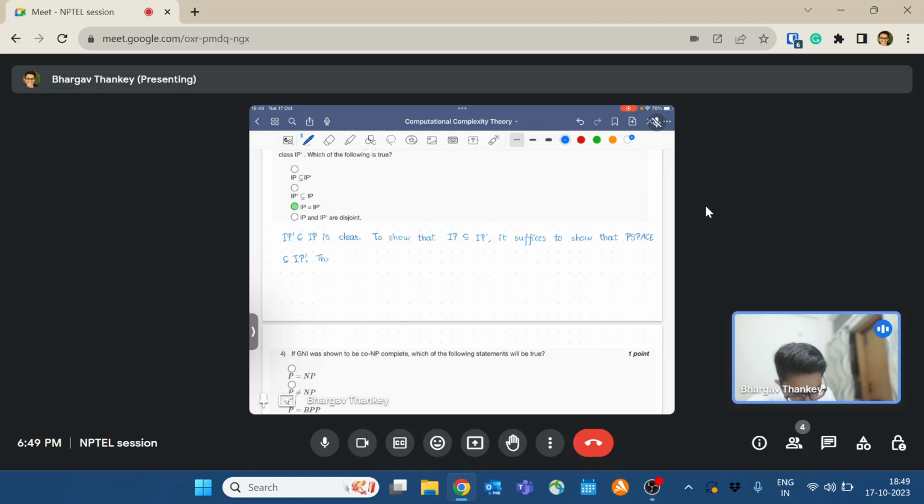So the proof uses a sum check protocol for TQBF. I won't describe the entire sum check protocol, but I'll observe that almost any sum check protocol has some properties, and using just these properties, you can prove that TQBF has an interactive proof with completeness one.